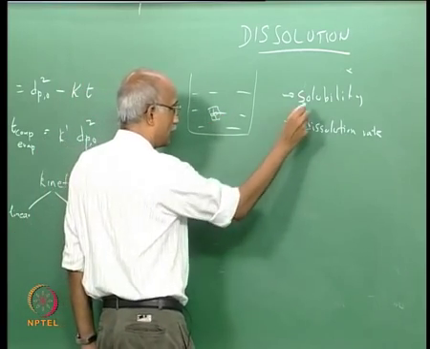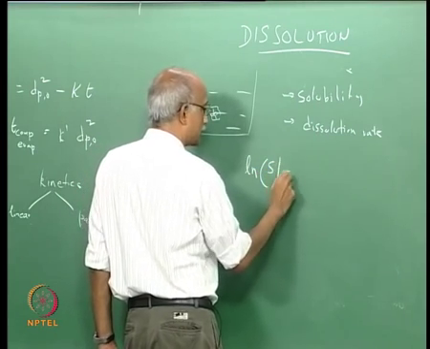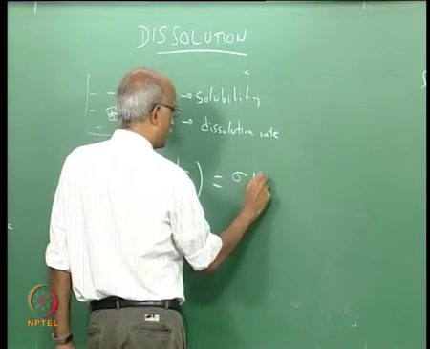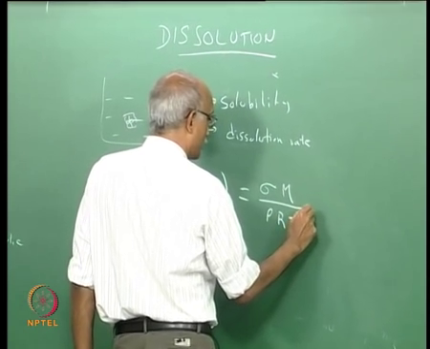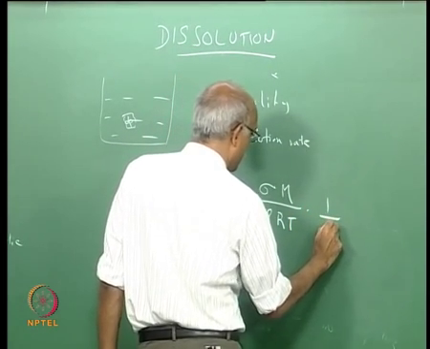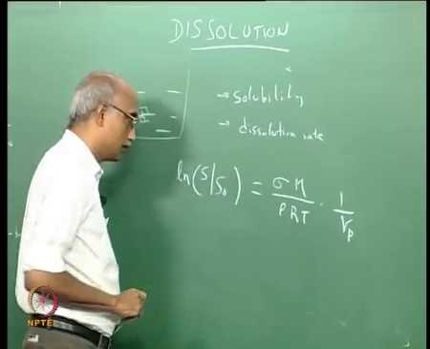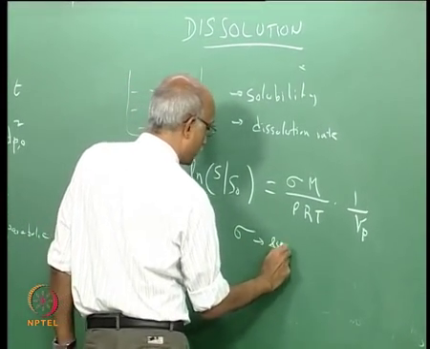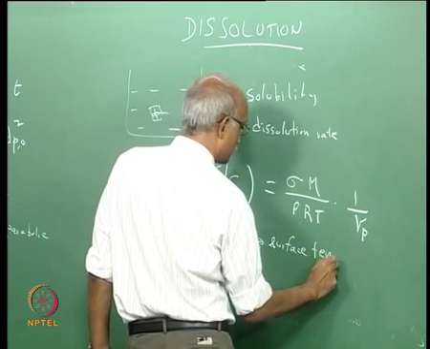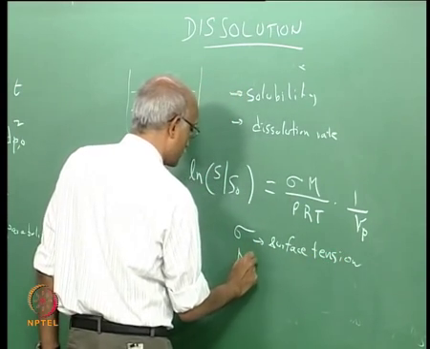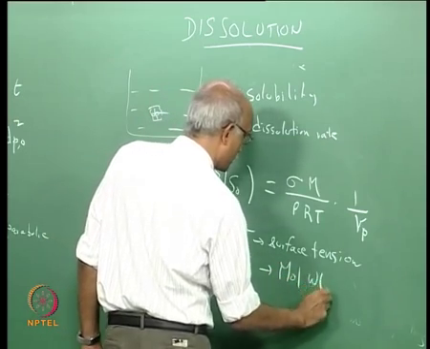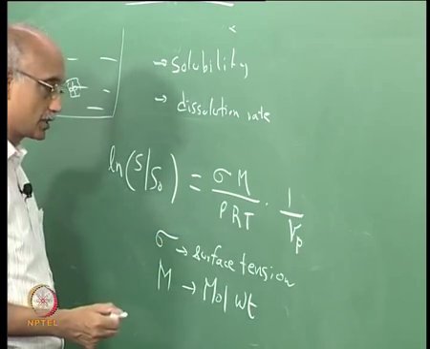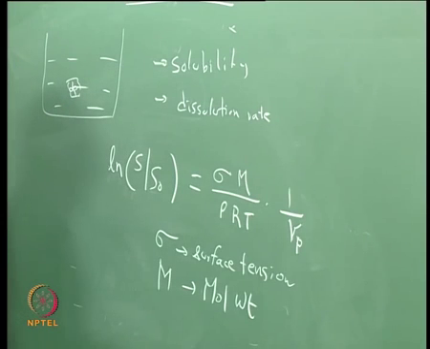The expression for solubility in terms of particle size is written as ln of S over S0 equals sigma m over rho RT, multiplied by 1 over Rp, where sigma is your surface tension parameter, m is the molecular weight of the solid, rho is the density of the solid, T is the temperature, and R is the radius of the particle.